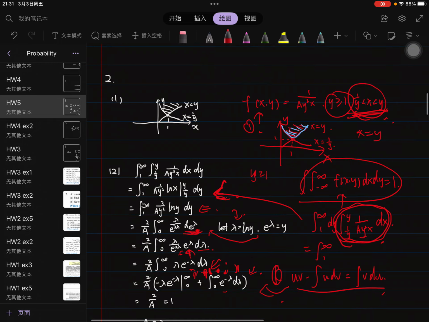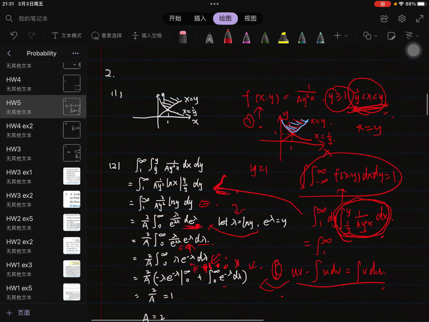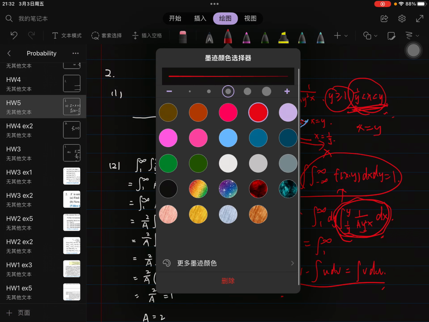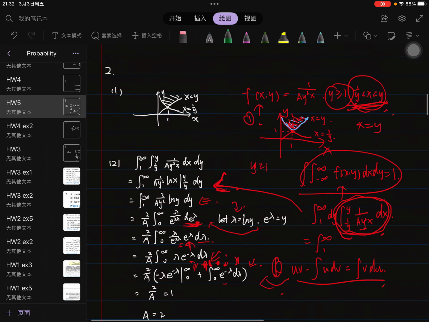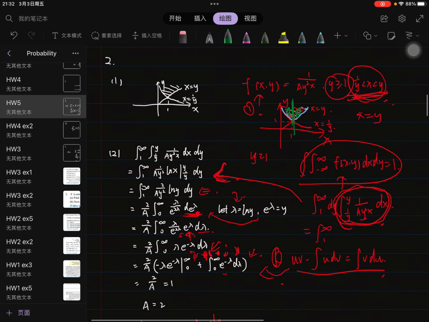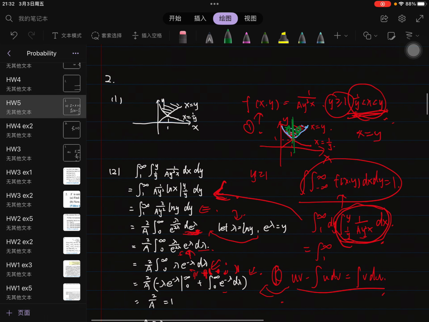Going back to the figure, this is our shaded area. We could divide it into two parts, the left part and the right part. Let me use another color, maybe green. So we discuss these two situations.